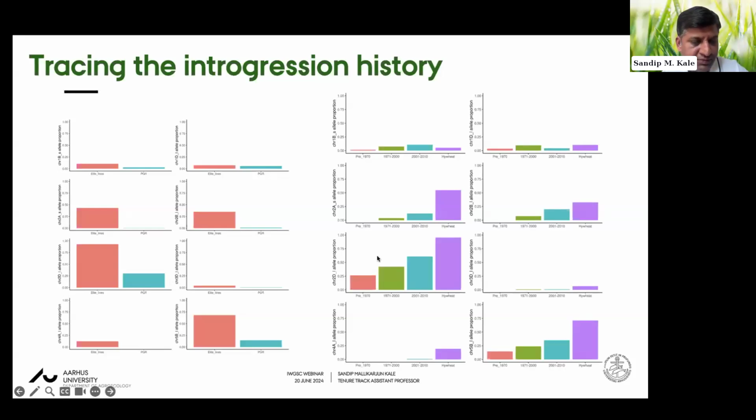We also classified all the accessions based on the year of release data, and again did a detailed analysis of those introgressions. You can see the introgressions were present after the green revolution, but there were very few introgressions or none before the green revolution, and they were also positively selected, and that's why they are present in very high frequency in the current elite lines.